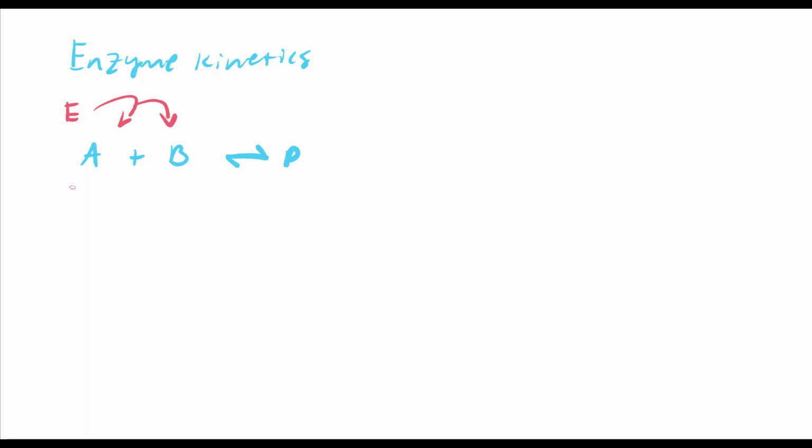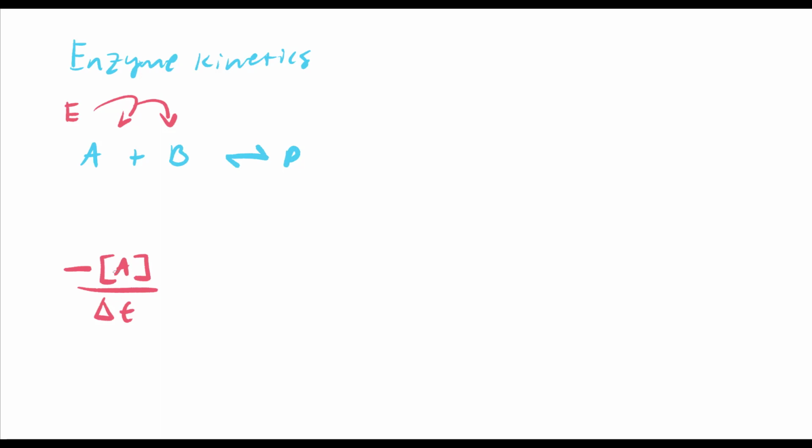So what is the rate at which it changes? Well, whenever an enzyme reacts with the reaction, the concentration of A is going to change. Delta, which is a triangle, means a change over a period of time t.